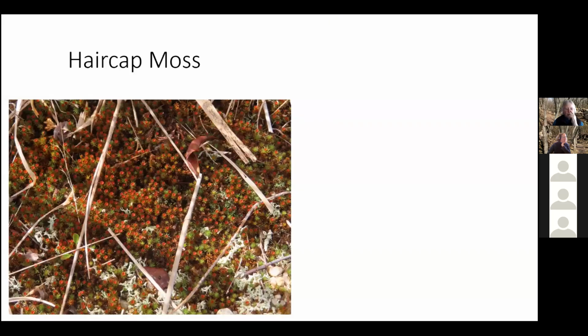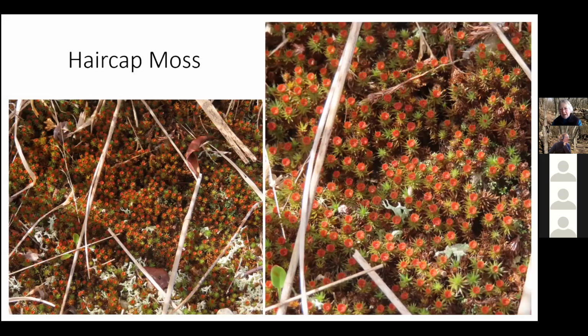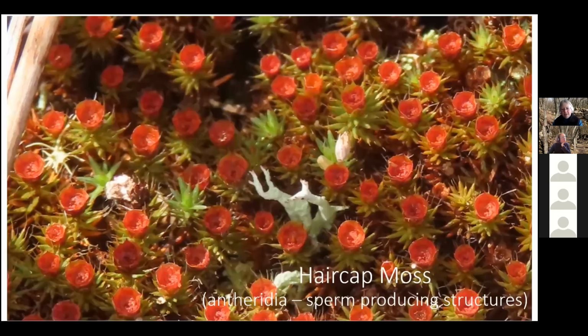And off to the side was this interesting little red, I thought it was a red moss of some sort. And I just kept looking at it more and more closely. And what I discovered is that this is a haircap moss, and we'll see another one of these a little bit later, but the moss, unlike sphagnum moss, it looks like little stars, and they're fairly tall stems of moss.